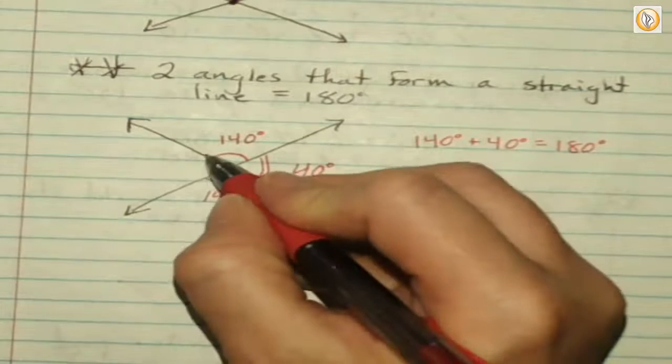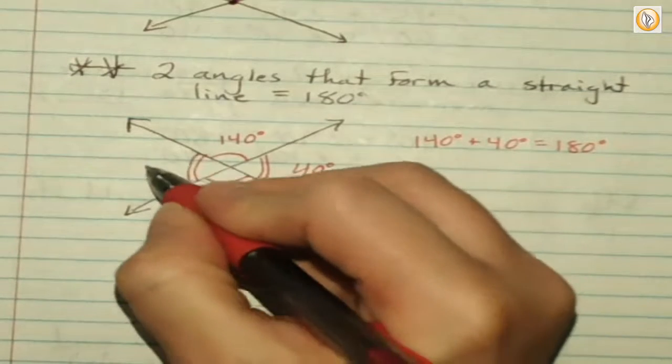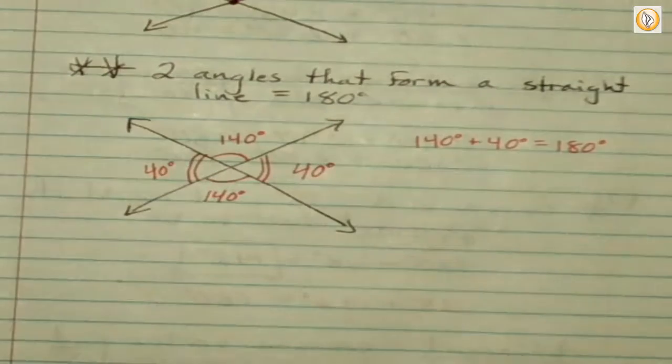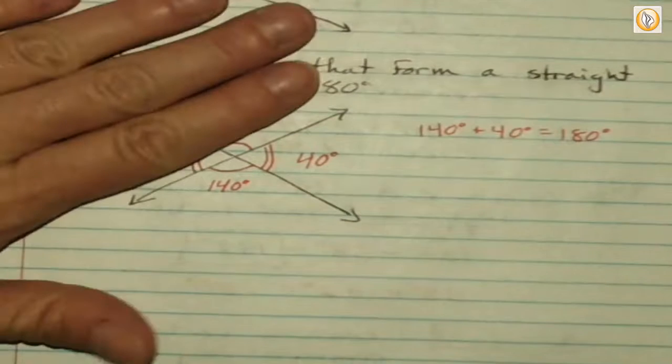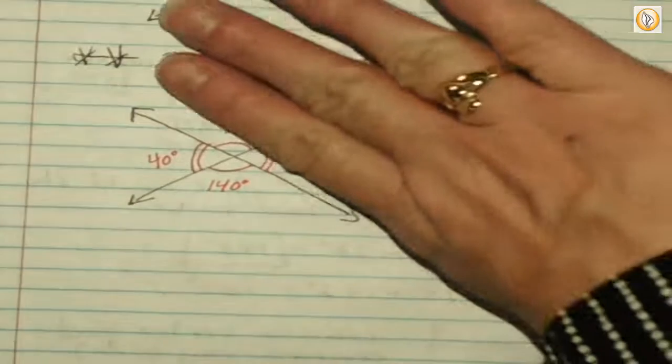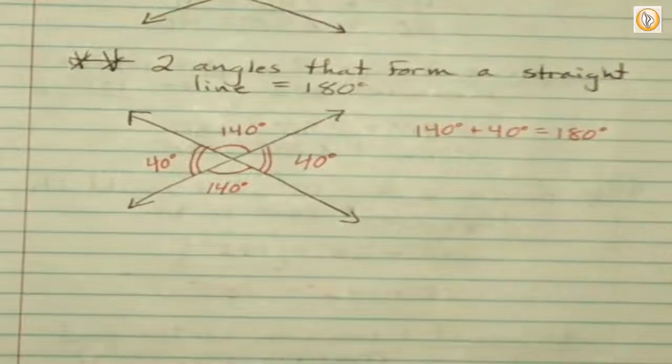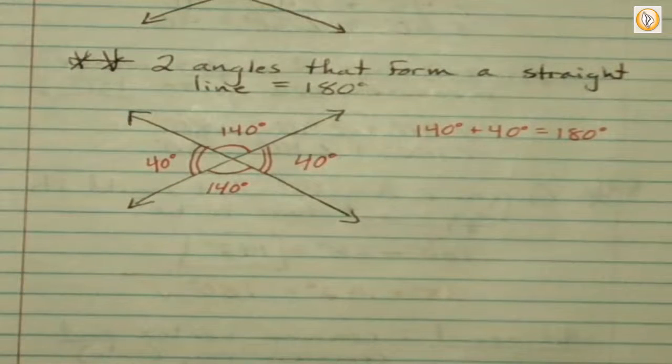That's right. And it's the same. So all you need is one measurement. And then with intersecting lines, you can find all the other measurements. Because if they form a straight line, and cover all that up, you get 180.